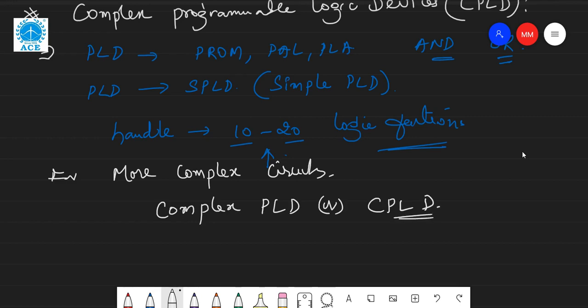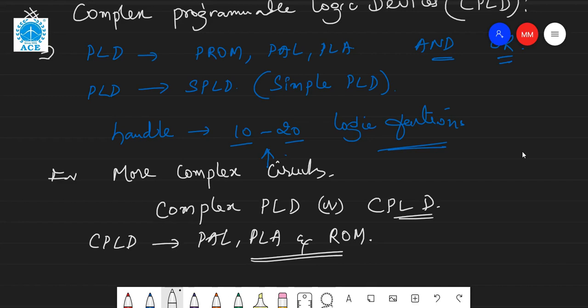So what does a CPLD generally contain? CPLDs contain PLA, PAL and ROM also. So more than these 10 to 20 logic circuits, all together interconnected as a CPLD, we get complex programmable logic devices.